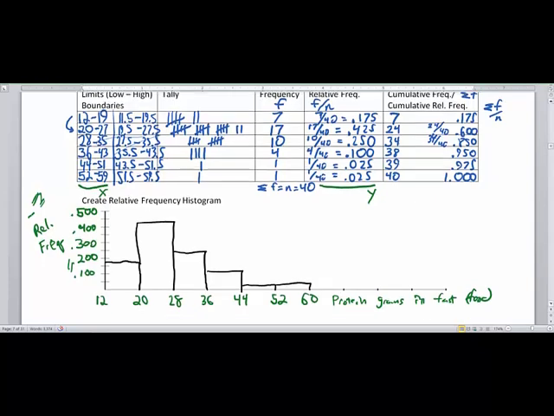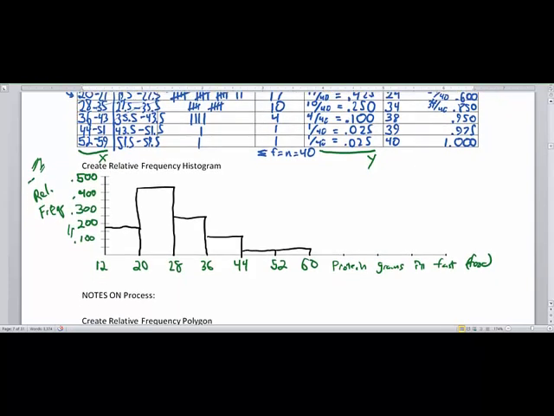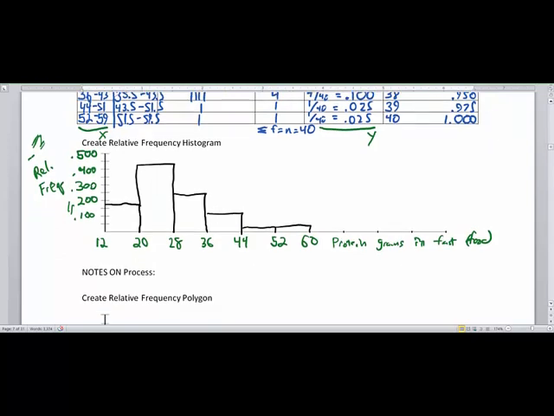Now, I do want to put just one little note on the process here: you don't have to use 12 through 20. You could have gone, in the first section, 11.5 to 19.5, and then right next to it, 19.5 to 27.5. So you see how my x-axis could be that way?